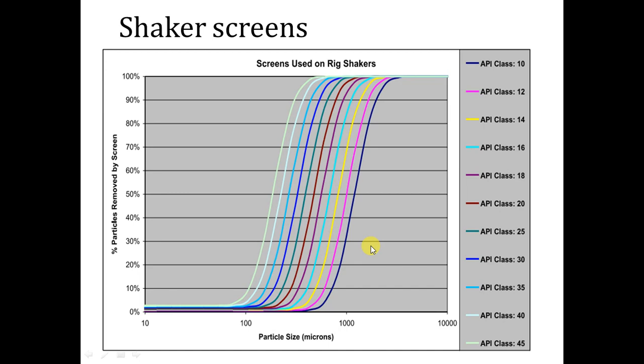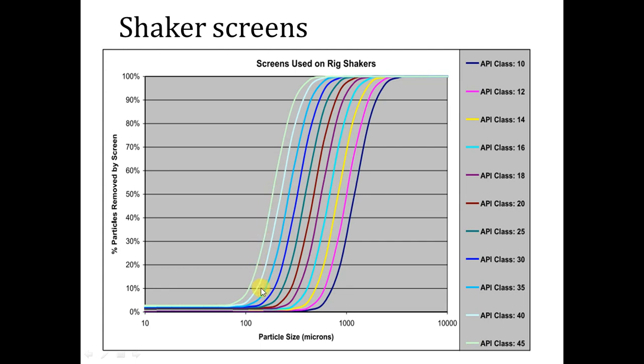What is the meaning of D cut point? Every screen like this, for example API 10, API 12, API 14, API 30, API 40, all these are screens. Every one of them has its characteristic curve.